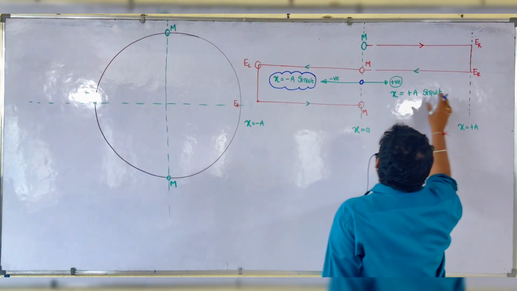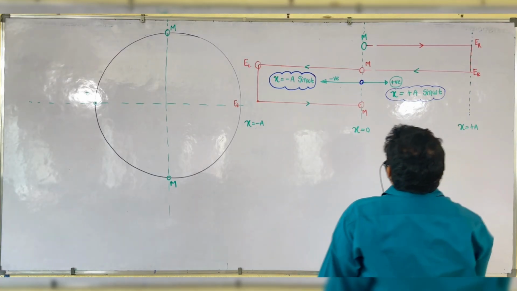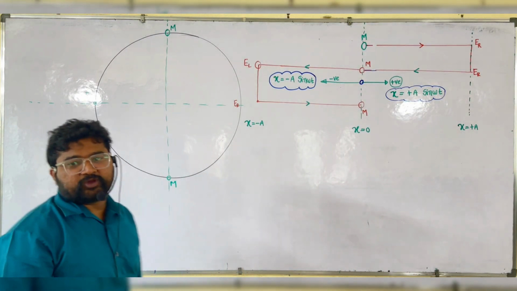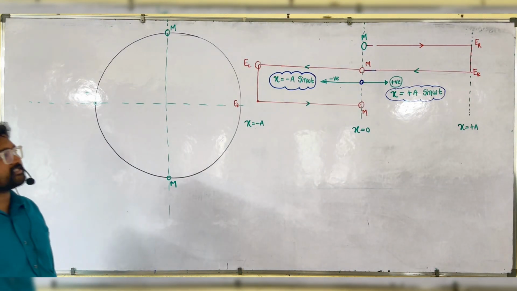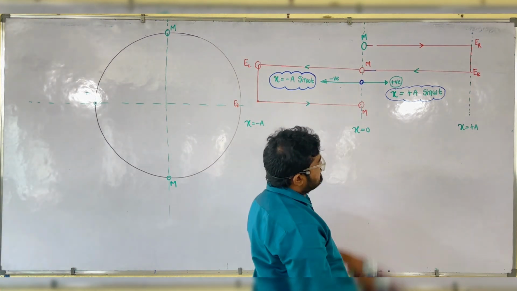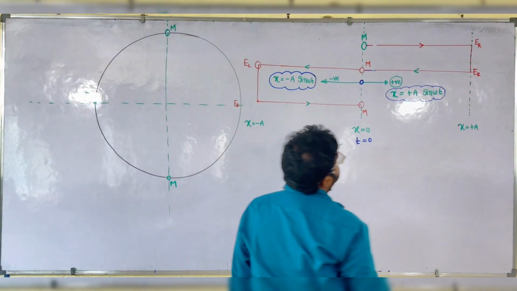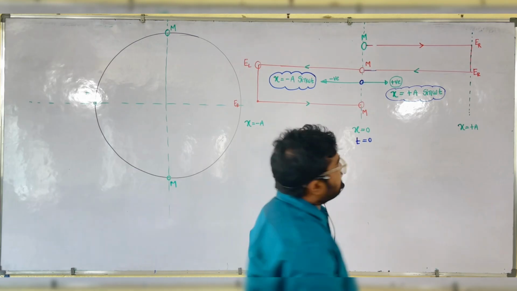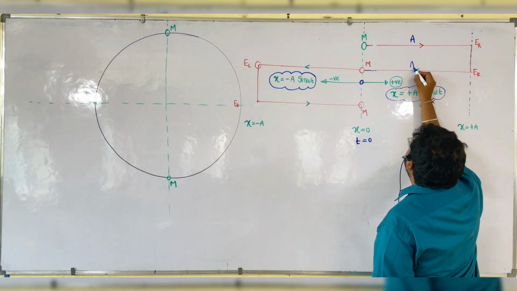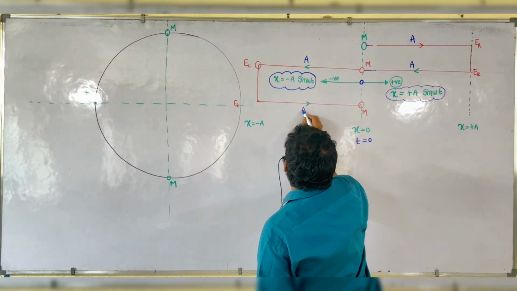If positive, it is moving towards the right extreme position. At t equal to 0, x equal to 0. అర్థమవుతుందా? So here it completes one amplitude here, one amplitude here, one amplitude here, one amplitude here.